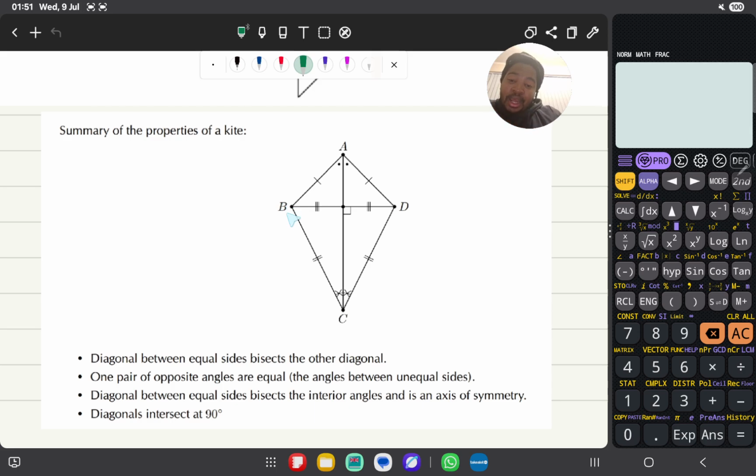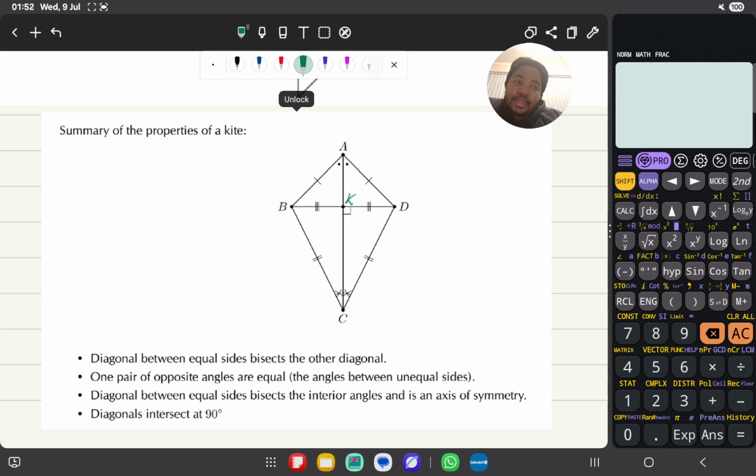Only the diagonal BD can be split into two equal parts. This is the center, let me say K, so from B to K, BK and DK are the same in length. Also, the angles here are equal, and the angles here are equal. So basically, that is what a kite is.